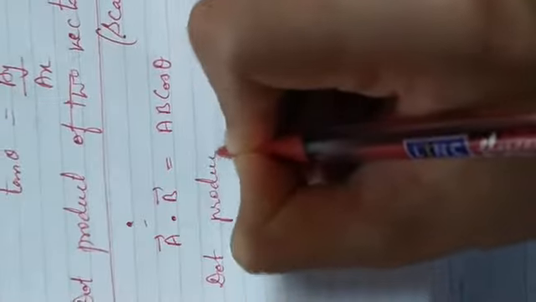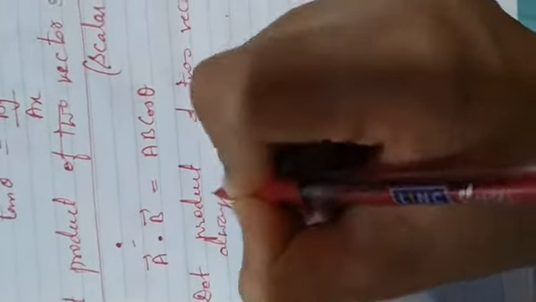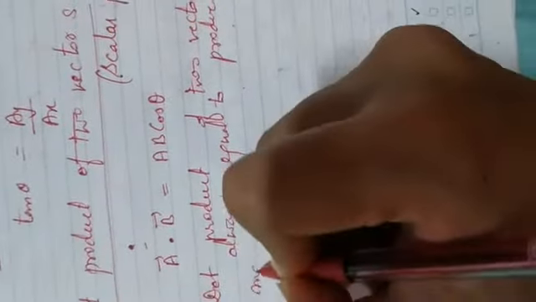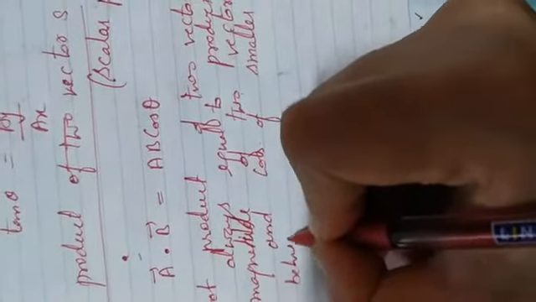The dot product of two vectors is always equal to the product of the magnitudes of the two vectors and the cosine of the smaller angle between them. That is a dot product.